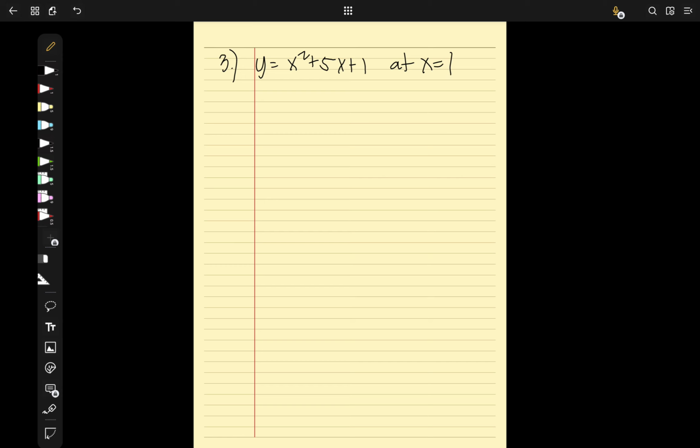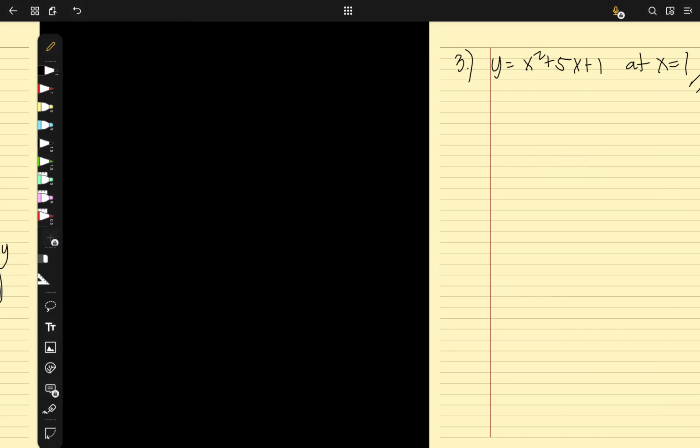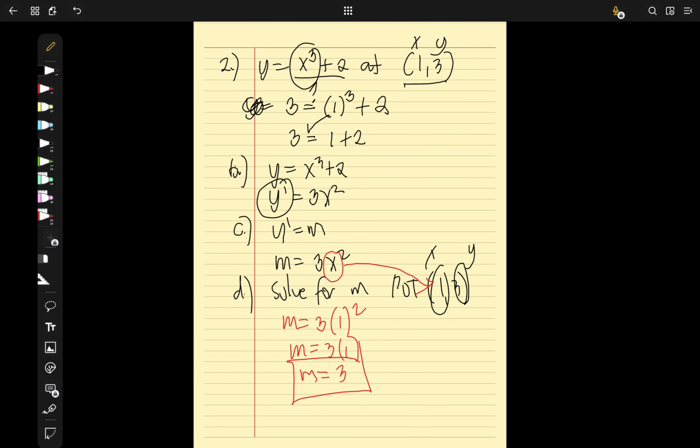So, let's find the tangent line at y equals x squared plus 5x plus 1 at x is equal to 1. Guys, ano pinagkaiba ng example number 3 kay example number 1 and 2? Dito kay example 1 and 2, binigay agad sa atin yung point of tangency, na chinek natin na okay nga, point of tangency siya.